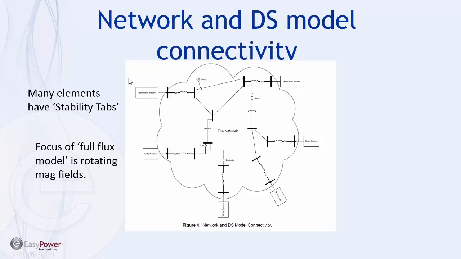Now many elements inside the network, as well as all the model inputs that we're going to be setting up, have stability tabs. What that means is there's some need to augment what the network database was that we first described, because what we're going to be generating as the development of these models is referred to as a full flux model for rotating magnetic fields.